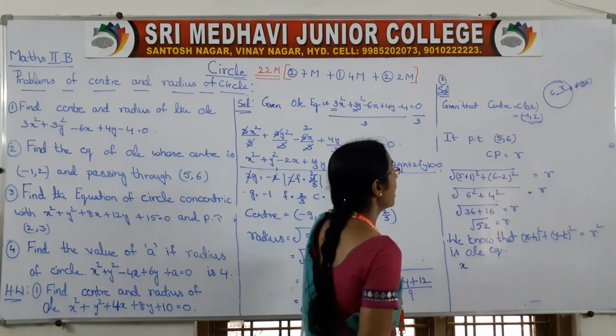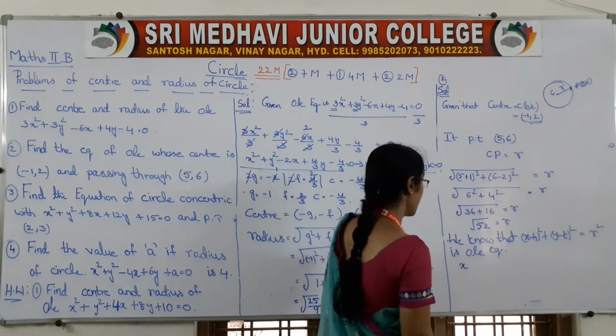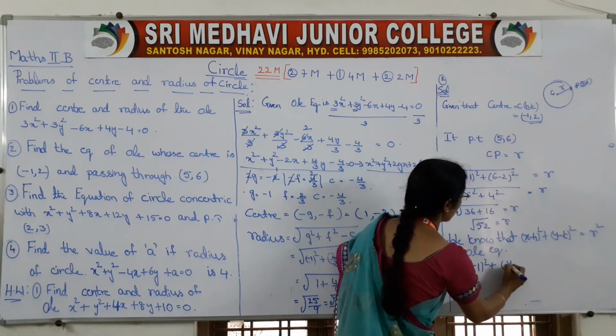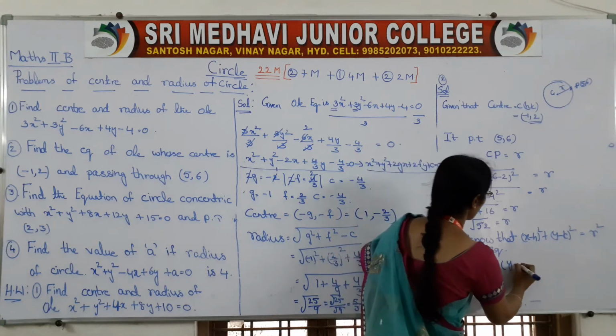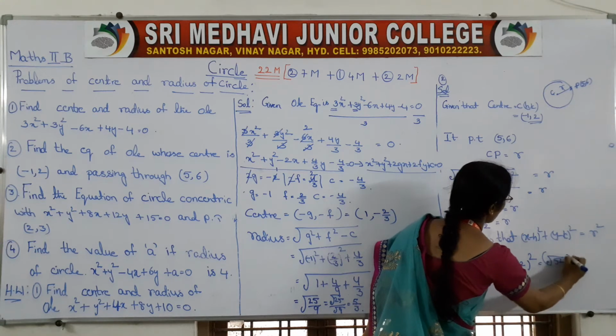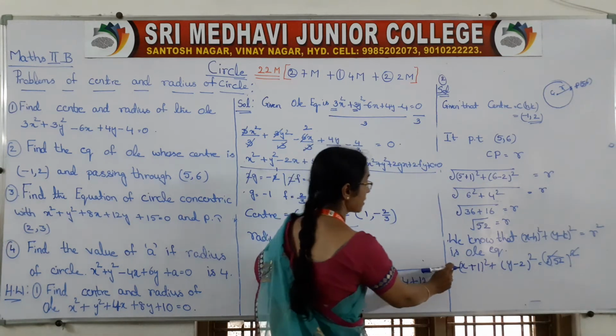x, h is minus 1. So here, (x plus 1) whole square plus (y minus 2) whole square is equal to root 52 whole square. Square root cancels. Expand this.